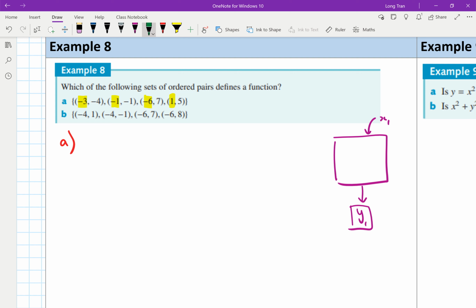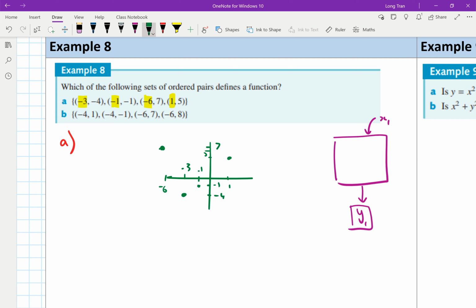So here's an example. If we were to quickly plot this, -3, -4 is somewhere here, so this is a point there, -1, -1, say here, -6, 7, so -6 and then 7, it's up here, and then 1, 5.